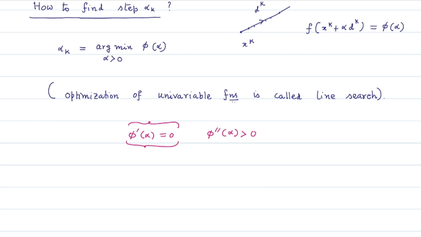So practically what we do is that instead of identifying an exact solution of this equation, or instead of considering an exact minimizer or a minimum point of the function phi, we consider an alpha k at which a sufficient decrease of the function value is attained, and as well the step length alpha k is not too small.